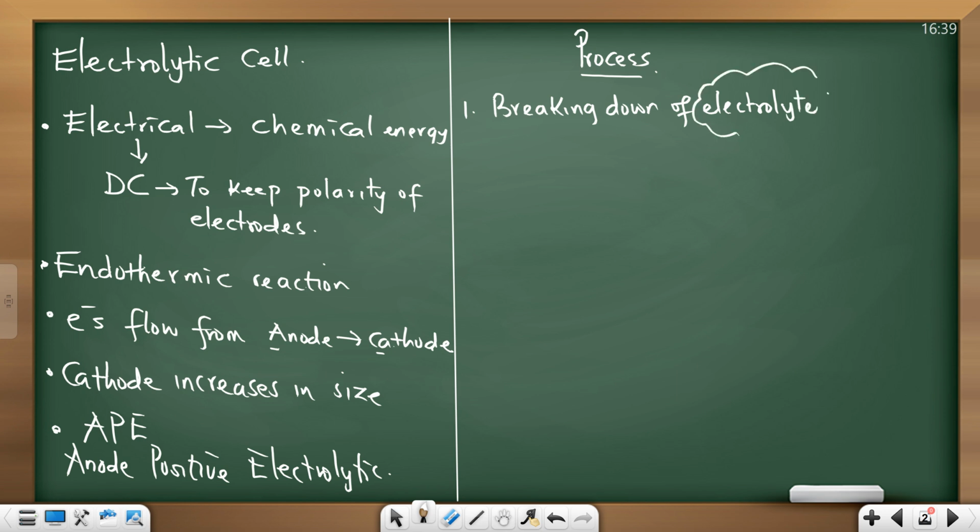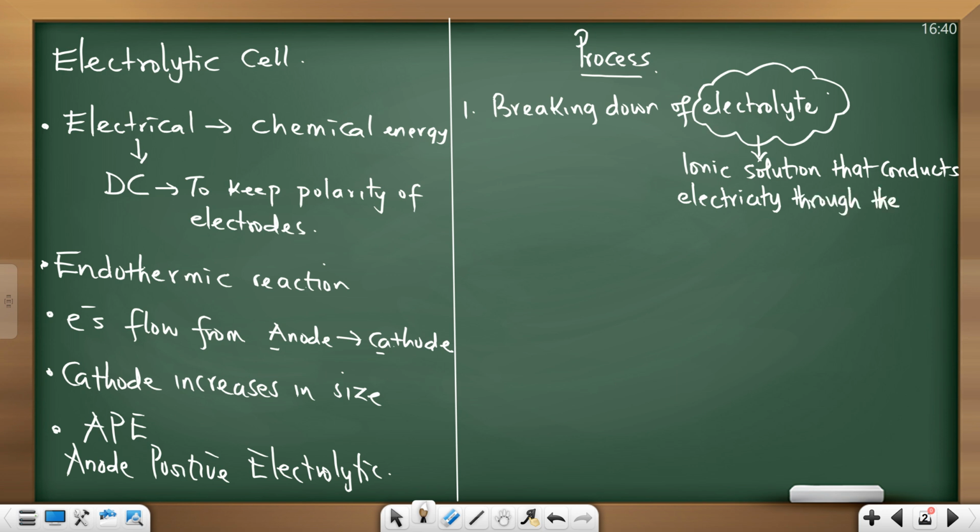Your electrolyte is an ionic solution that conducts electricity through the movement of ions. I think I've answered the first one now. It must be an ionic compound because we're looking for the transfer of electrons.